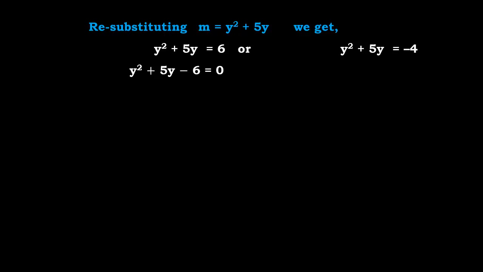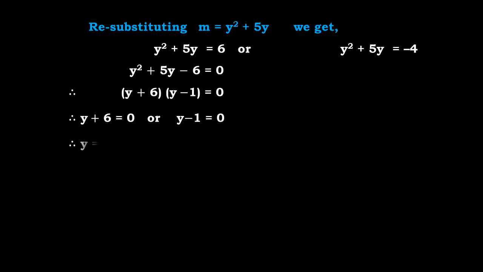If you subtract you will get 5, but you require plus 5, na? So we can write factors y plus 6 into y minus 1 is equal to 0. Therefore y plus 6 is equal to 0 or y minus 1 is equal to 0. Therefore y is equal to minus 6 or y is equal to 1.